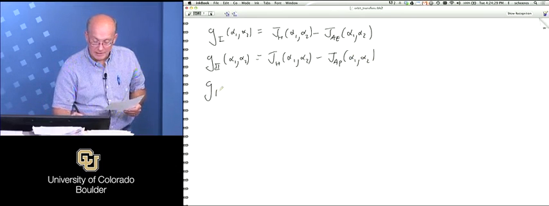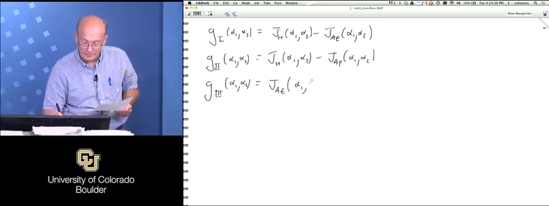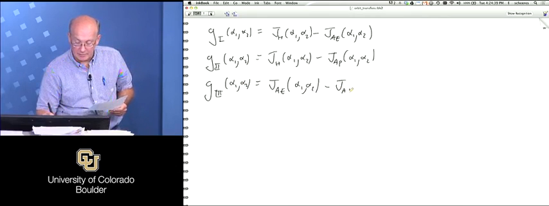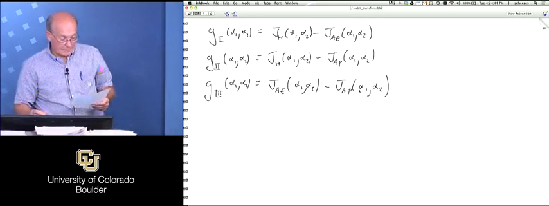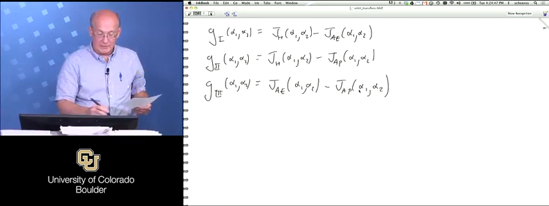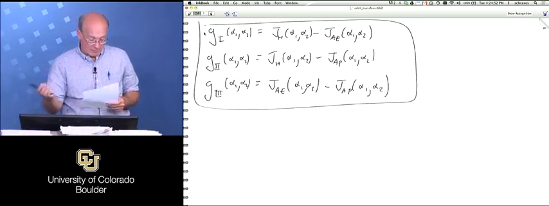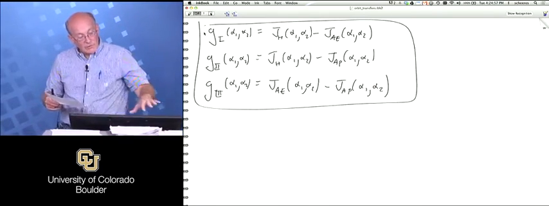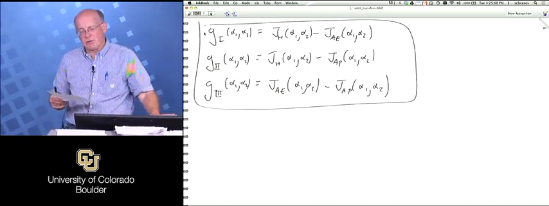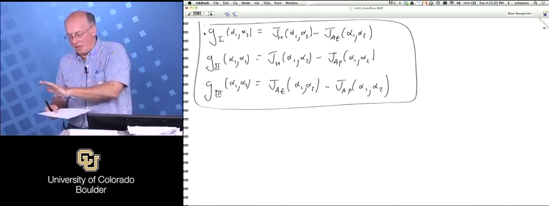And then G3 is going to be the regular aero-assist minus the parabolic aero-assist, like so. We want to understand when these are 0, or when they are positive or negative, to figure out what the different zones are. Once we understand their optimality with respect to each other, we can go back and compare their optimality with respect to the parabolic transfer.